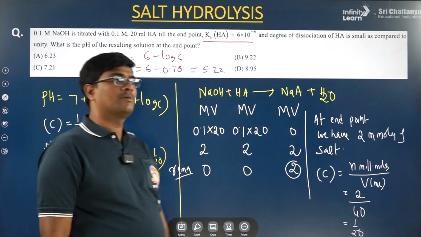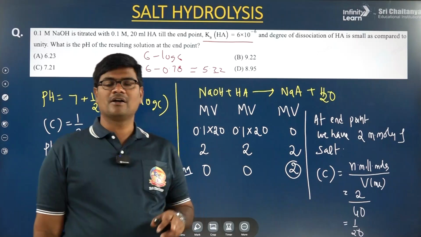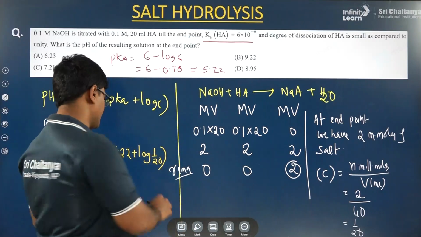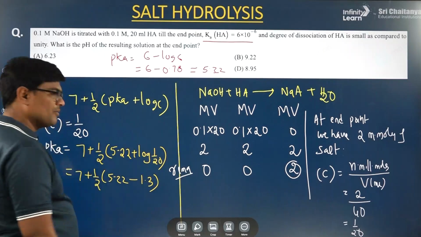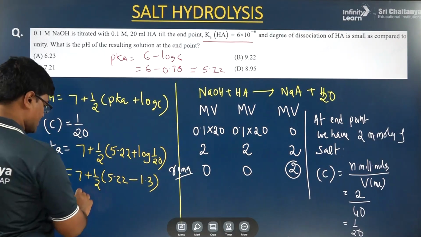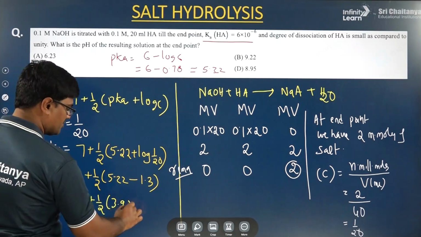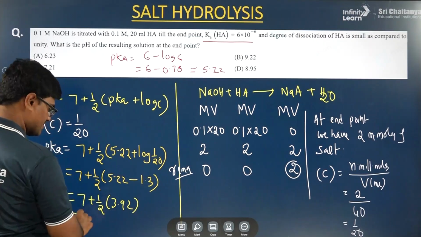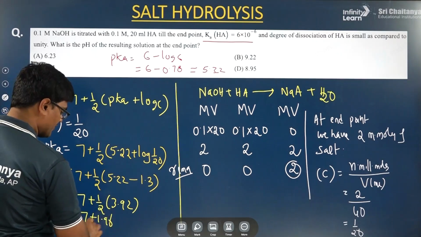Log 1/20 is minus log 20. What is the value of log 20? 1.3. So, this will become approximately minus 1.3. If you substitute, then we are going to get 7 plus half 3.92, that is 1.96 approximately. That is 7 plus 1.96. So, finally, the answer is 8.96.